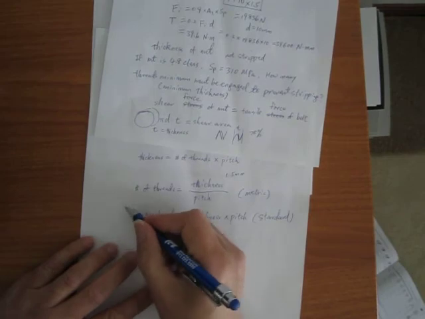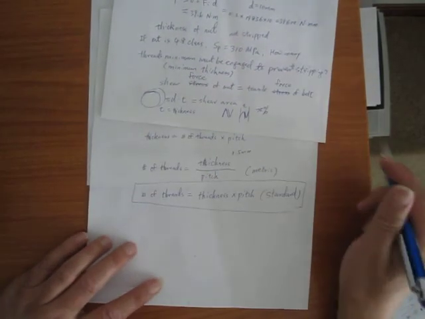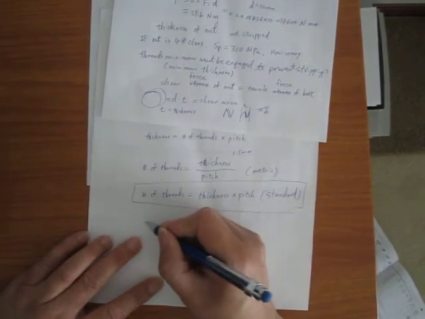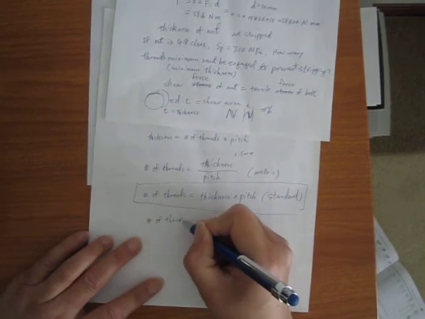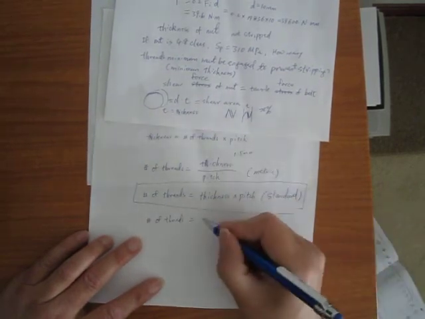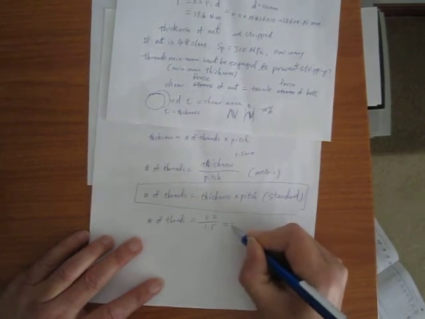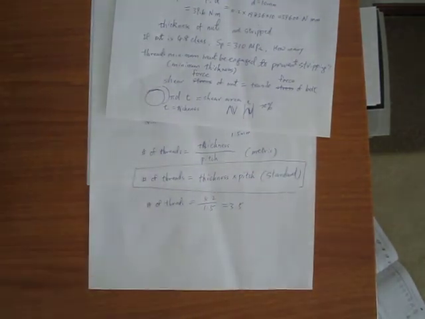So pay attention to that. Okay? Pay attention to that. In our case, you plug in: thickness is 5.2, pitch is 1.5, and you find out 3.5. That's the minimum number of threads that you have to engage to prevent stripping.